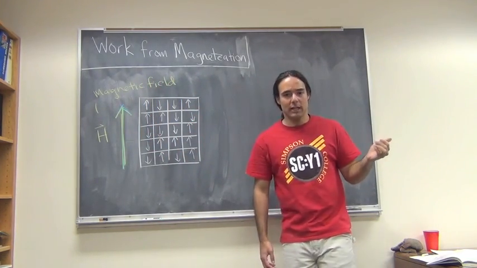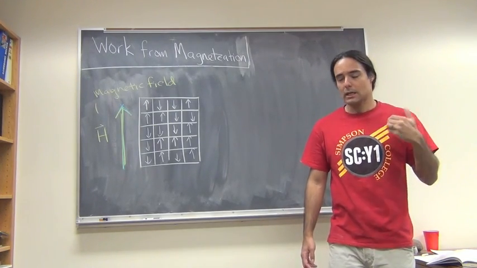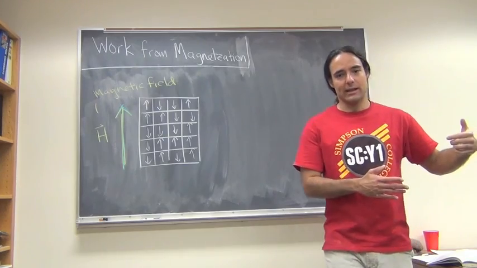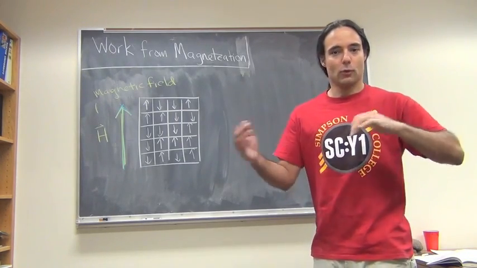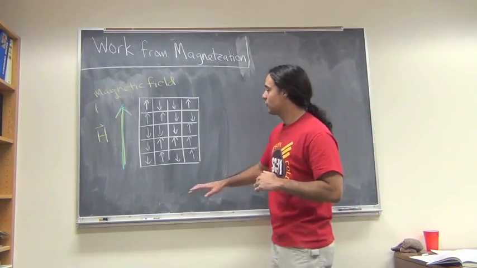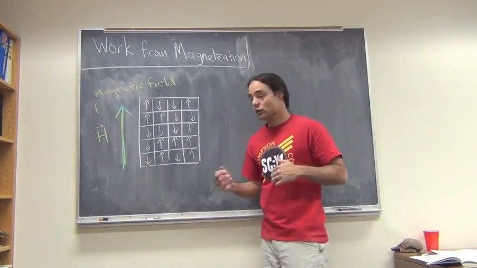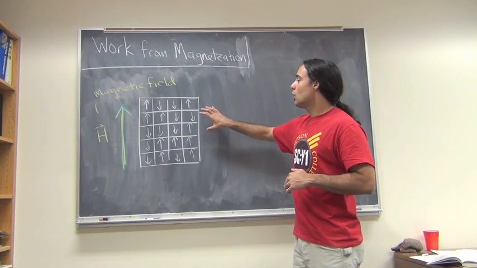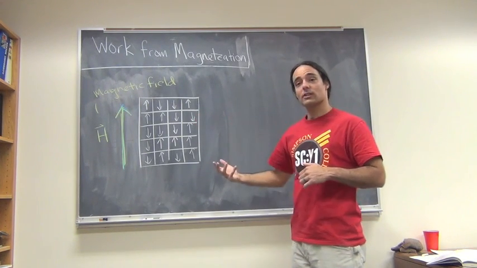You may be used to seeing the magnetic field written as B. We're going to use H here. B is reserved for magnetic induction. Worry about that when you get to electricity and magnetism, the 300 level class. We're going to call our magnetic field H, and we're going to look at how that changes the magnetization.